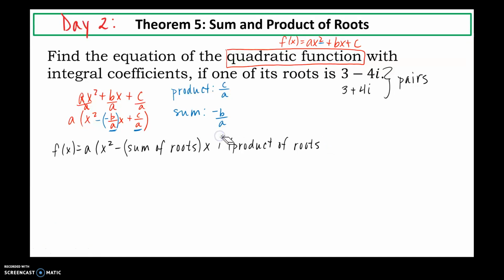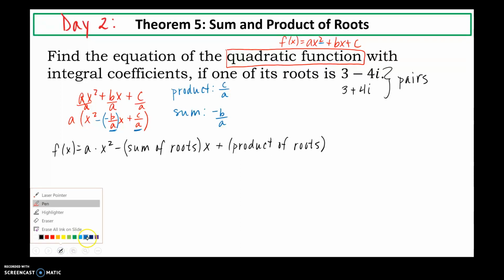And let me fix one thing here. This parenthesis actually shouldn't be here. It would just be a times x squared and then plus the product of the roots. Okay, so this is going to save you a lot of time, and we'll talk about the alternative.